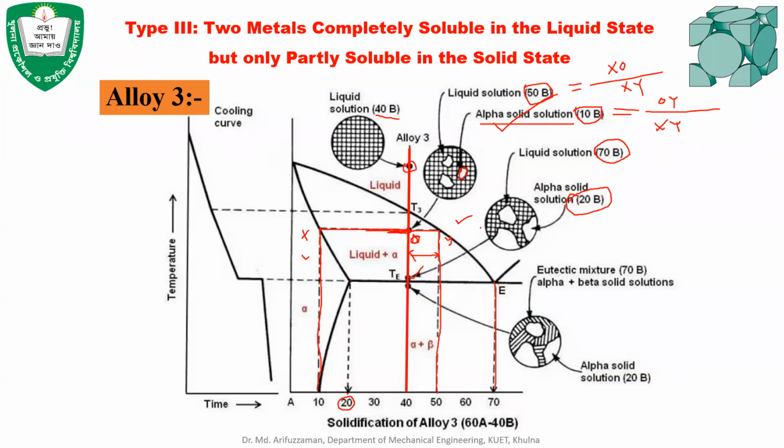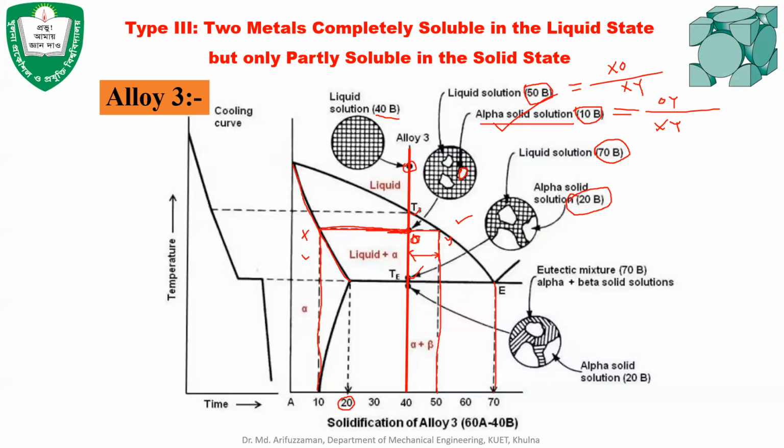So as we see, when the temperature drops from T3 to TE, the solid percentage increases. This is definite. At the same time, the percentage of B in the solid, that means in the chemical composition of the solid, the amount of B also increases. And how can we say that? According to this line. This line defines how much B can be present at a certain temperature.